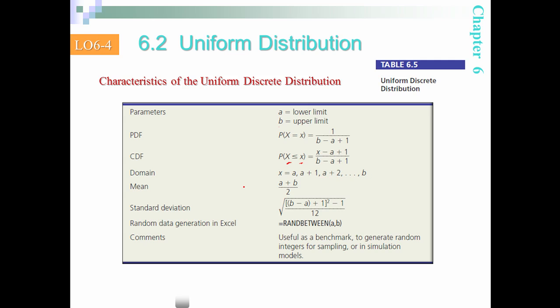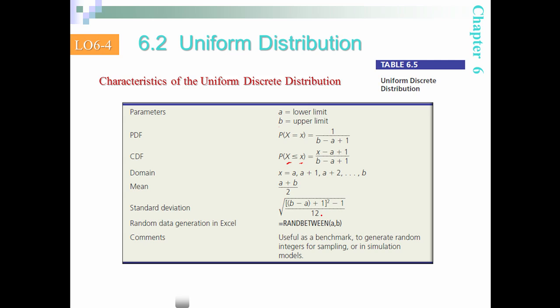And the average, or the mean, is just the average of the endpoints, a plus b divided by 2. That's because every single observation has the same probability, so all we have to do is average the endpoints. Standard deviation is given by this formula. It's the square root of the quantity b minus a plus 1 squared minus 1, divided by 12.